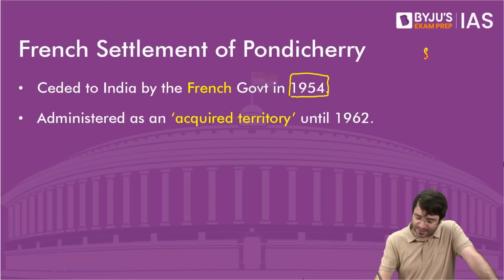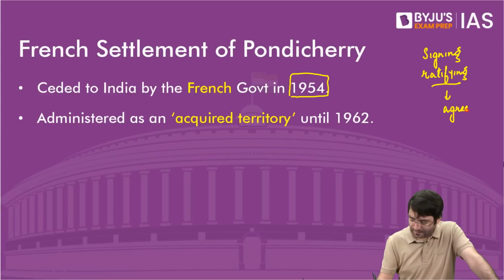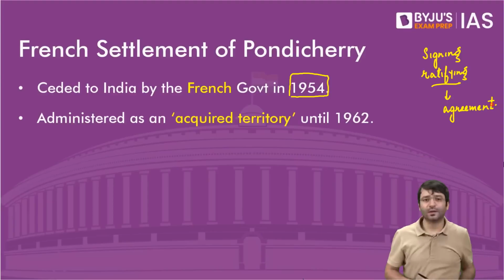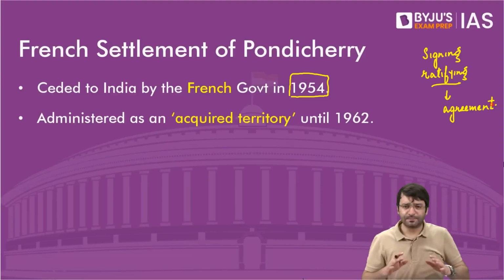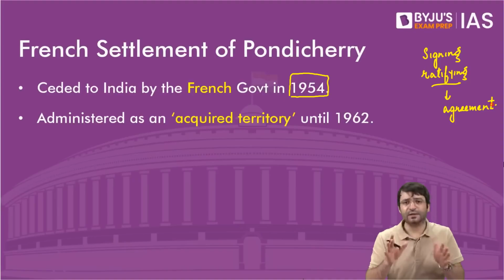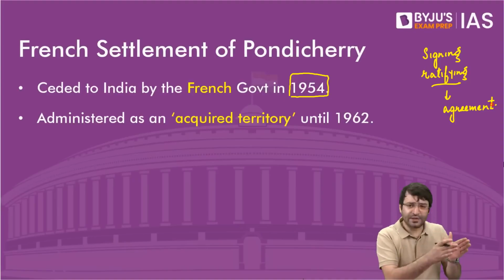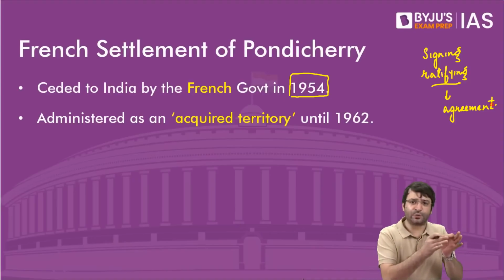There is something known as signing of an agreement and ratifying an agreement. Can you tell me what is the difference? The difference is, for example, you and me agree that I will teach you polity in 25 classes.